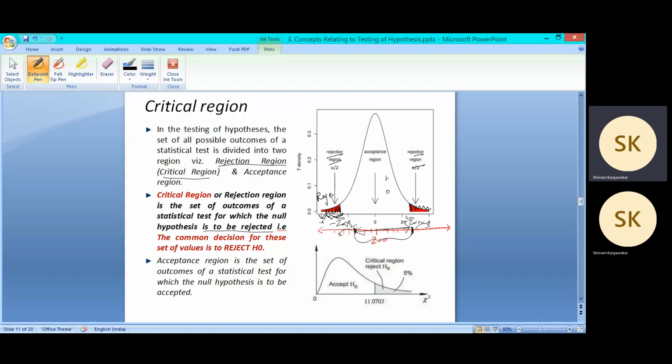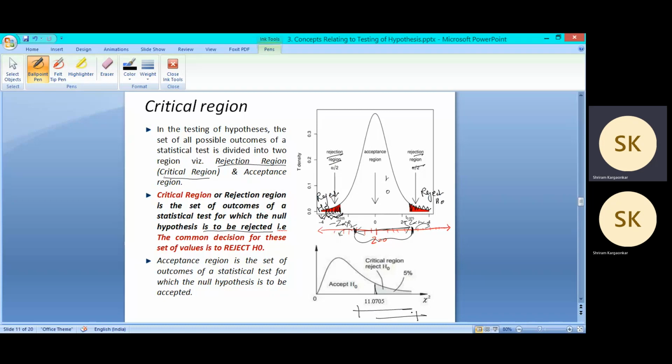So what is the decision to be taken here? To reject H naught. Now this is a two-sided test, that's why you can see the shaded region on both sides. Otherwise, if it is a one-tailed test, you can see it either on the left side or on the right side of the normal curve or any curve.